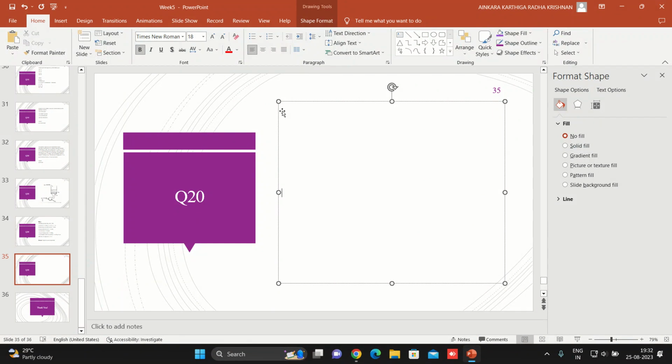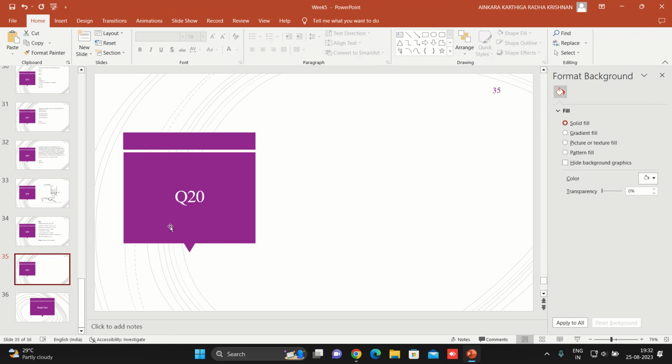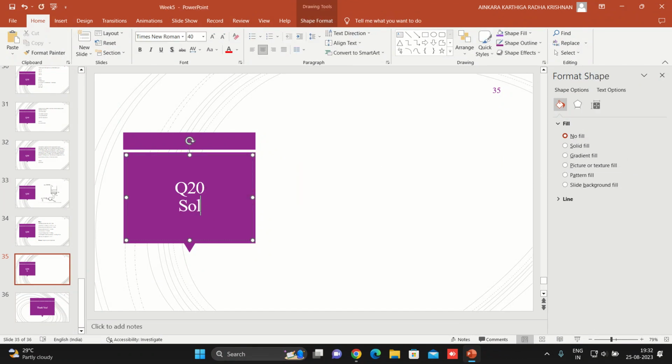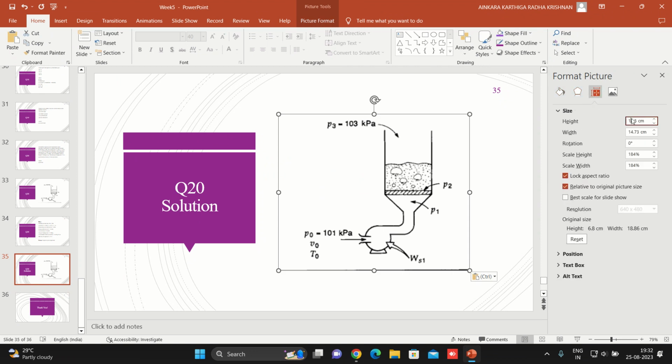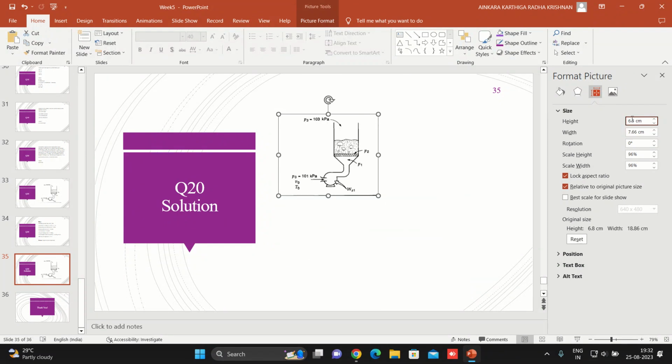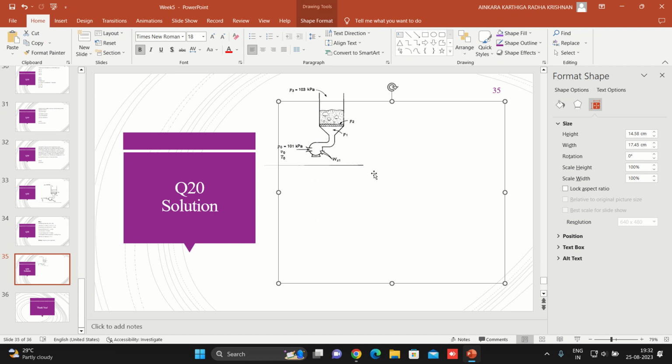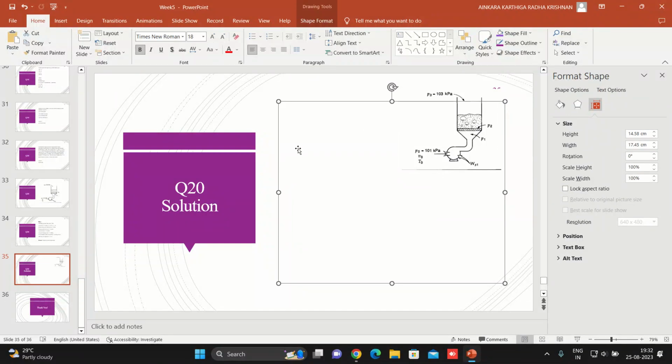Actually, this is a very straightforward problem. So P3 is equal to 103 kilopascal and P naught is equal to 101 kilopascal.